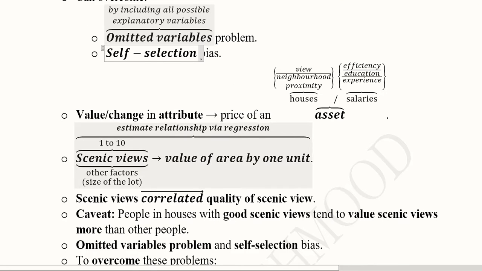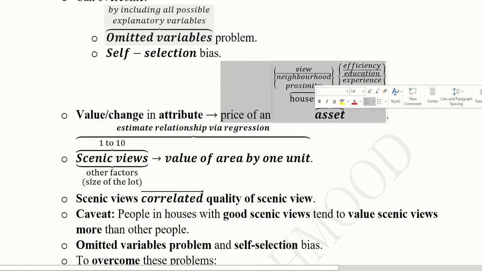Now we come to the various terminologies and how we can quantify the various attributes, and how a change in an attribute is going to affect the price of an asset. For instance, if we talk about houses or salaries, these are two valuation processes.